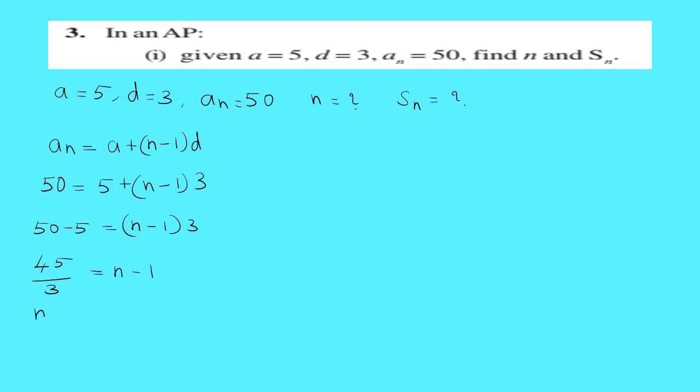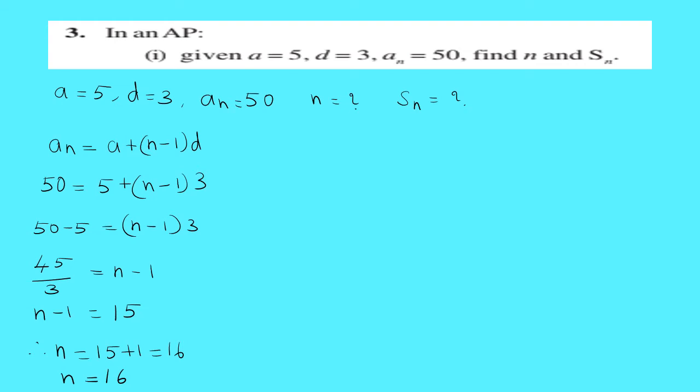So you are getting n minus 1 equal to 45 upon 3, that is 15. Therefore n equal to 15 plus 1, that is 16. So you are getting n equal to 16.